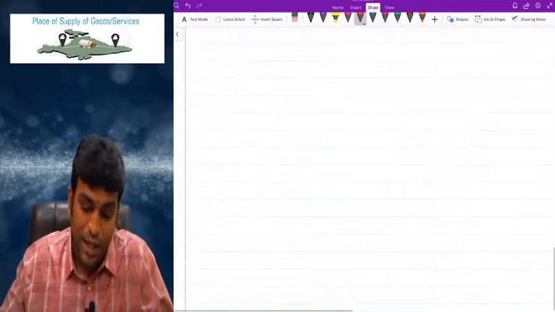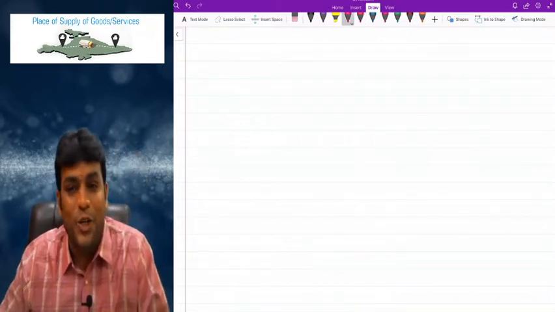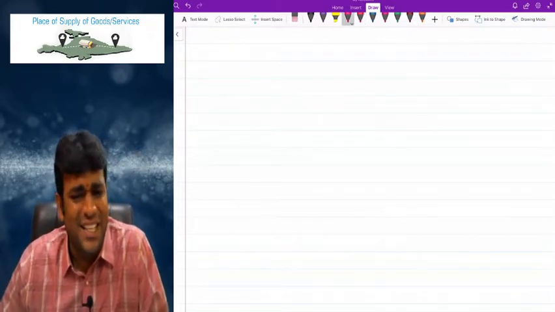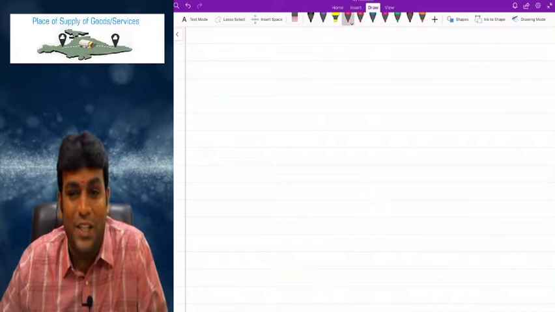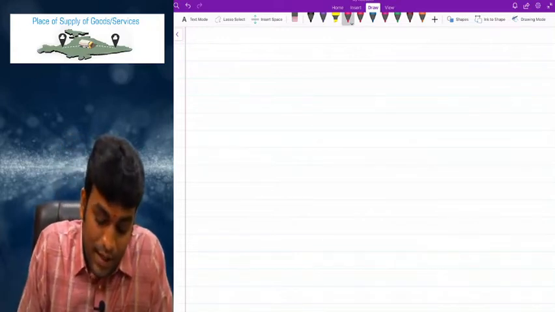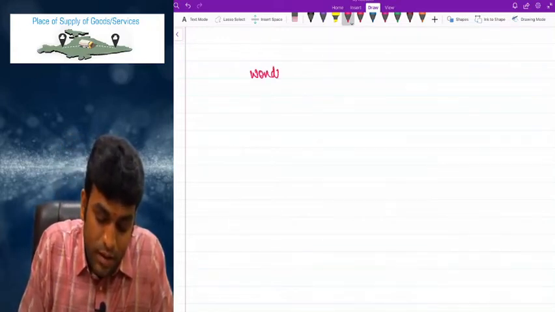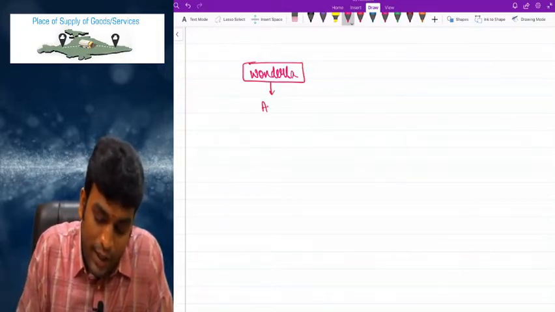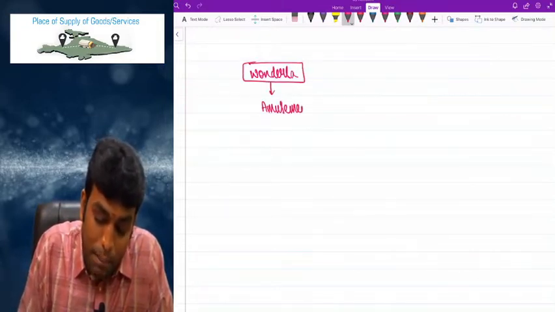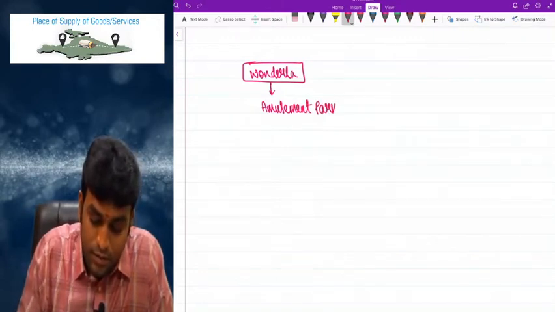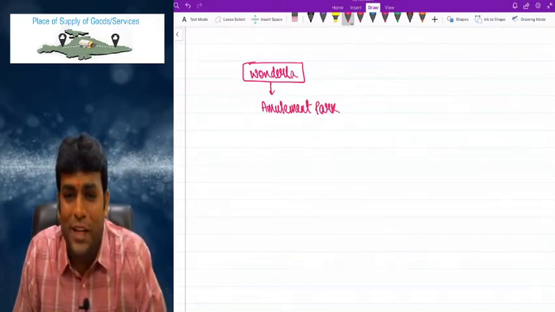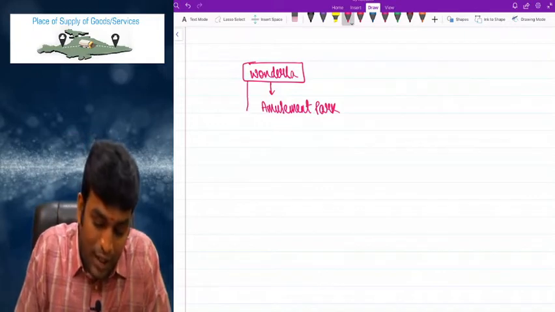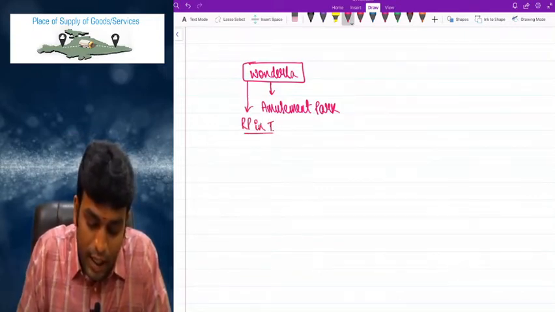Then friends, let's talk about the story of section 12.6. Very, very simple, just a 2 minute task. Now what is that 12.6? Listen. Sir, let's say there is something called Wonderla, and Wonderla is actually an amusement park. It is a registered person in Telangana state.